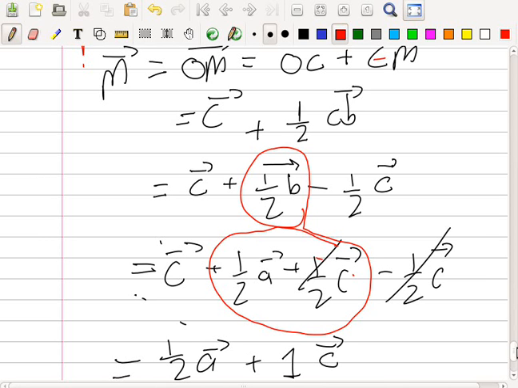Now, as August noticed, there are quicker ways to do these, but I'm trying to show you all the rules. So which rule did I use here? Which was the helpful rule for me? Triangle. The triangle rule, okay?